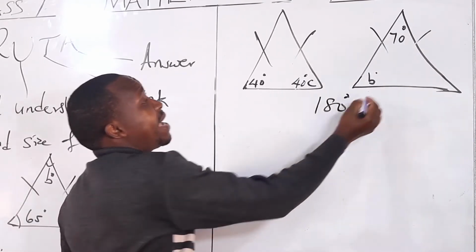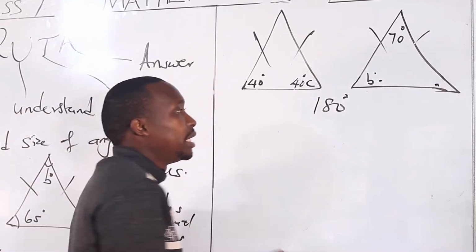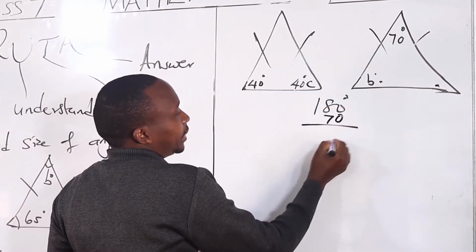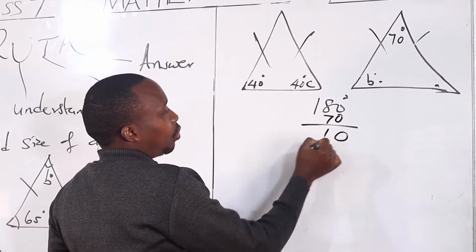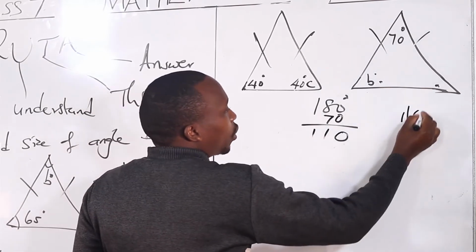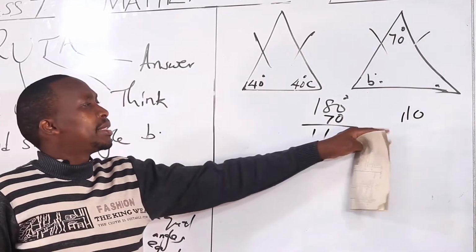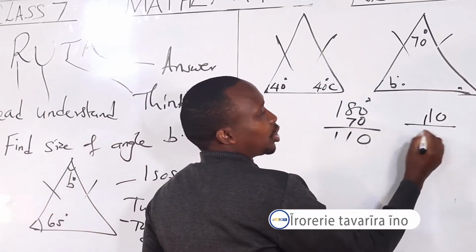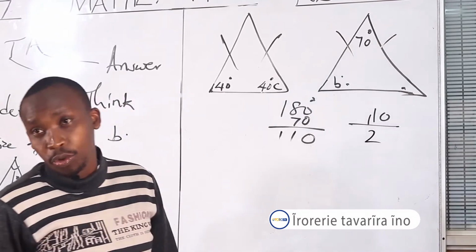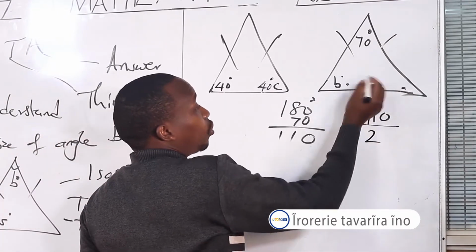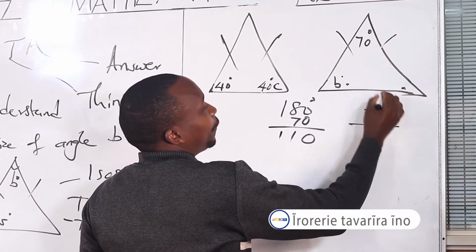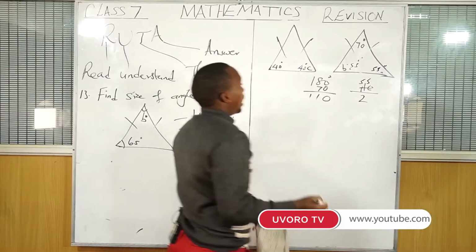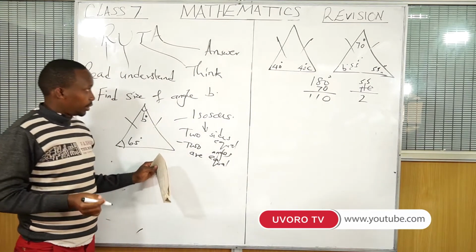Now, because this and this must be equal, you subtract 70 from 180. You get 110. So what are you going to do so that this one is shared by the 2? You divide by what? 2, so that they can be equal. Now, it is going to be 55 degrees, 55 degrees.